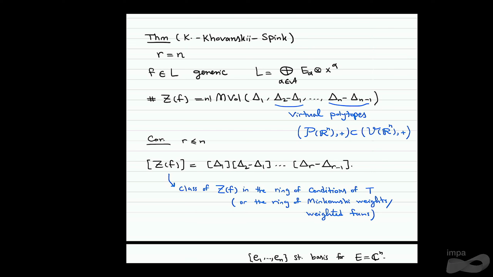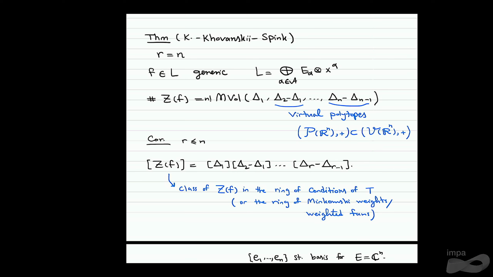And we get this description of the class of my subvariety inside the ring of conditions as a product of classes of these virtual polytopes. For people who are not that familiar with this story of the ring of conditions, tropical intersection theory, and so on, you can skip that.